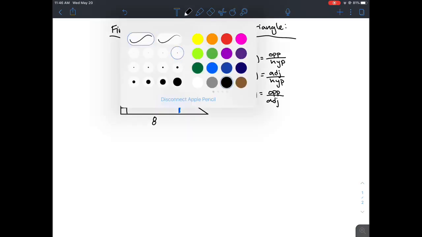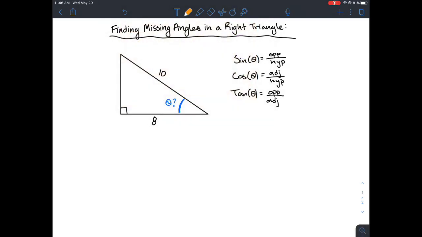So let's go back to the example here. If I look here, this is my reference angle, and that means that 10 is my hypotenuse because it's opposite of the 90 degrees, and 8 is the adjacent because it's attached to that reference angle. Over here would be my opposite side, but we don't have any details on that, so we can't use opposite.